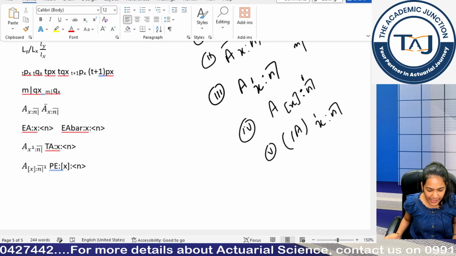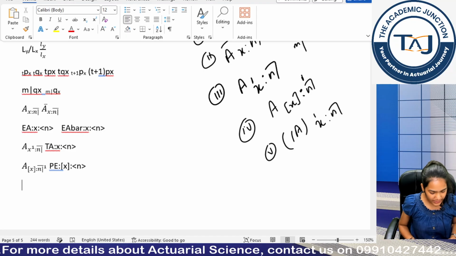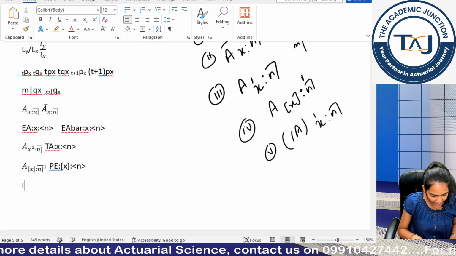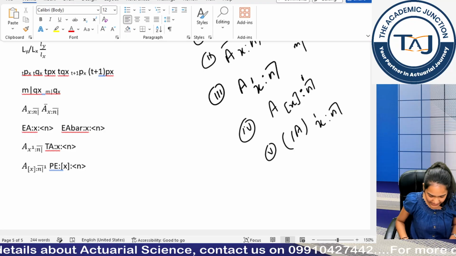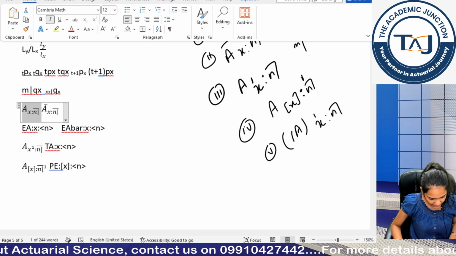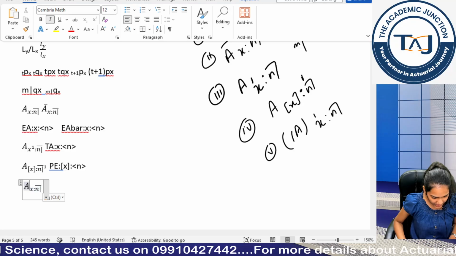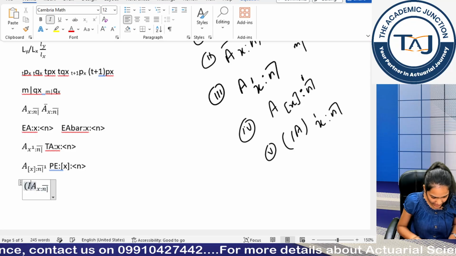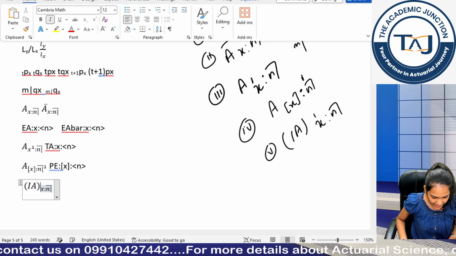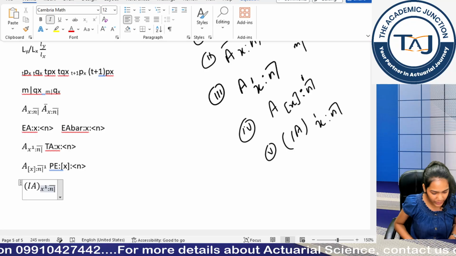Moving on to the last notation of assurance, we have increasing term assurance. So basically it is not going to be changed. Let me take, for example, this one, Control C, Control V. I will take brackets I in there, and if I want to add 1 over there, I can simply add 1 over there.